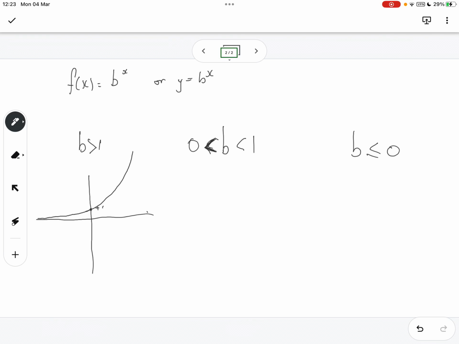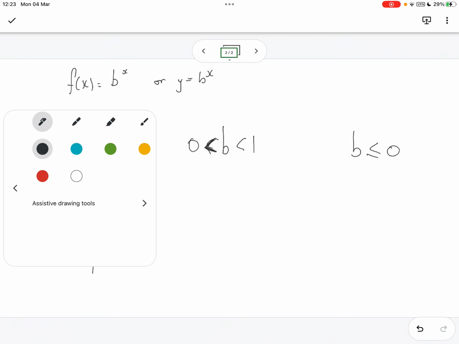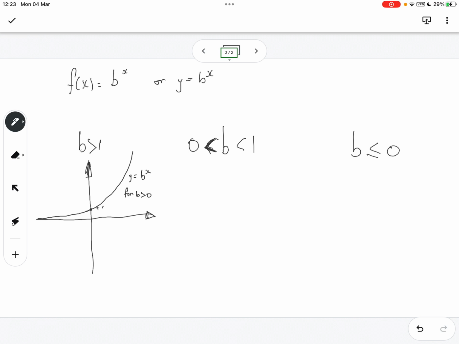And for values of x that are negative, the x-axis is an asymptote to the curve. So this would be y equals b to the x for b that's positive.